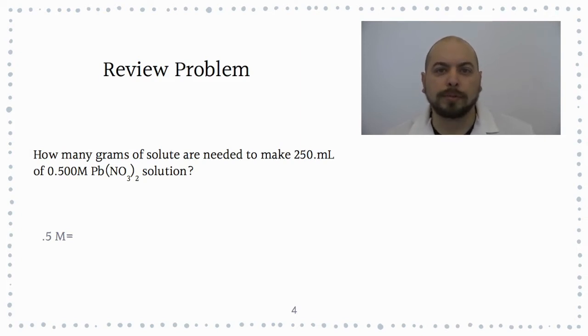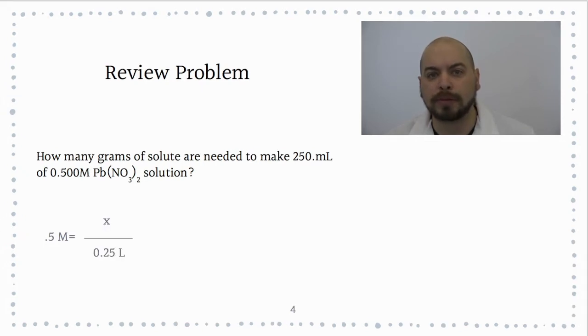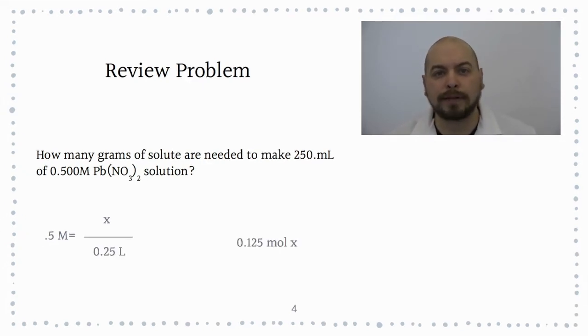Remembering that molarity is moles per liter, I take my 0.5 moles per liter of lead-2 nitrate and multiply it by the number of liters, 0.25 liters. That gives me a value of 0.125 moles of lead-2 nitrate. This means to make a 0.5 molar solution in 250 milliliters, I need 0.125 moles of lead-2 nitrate.